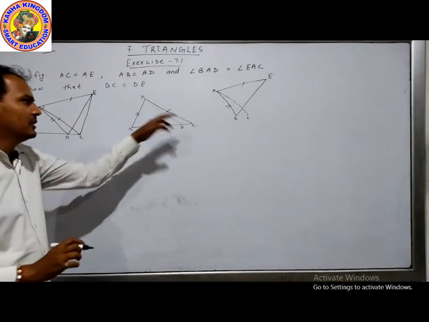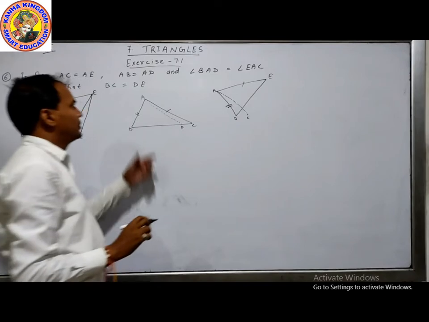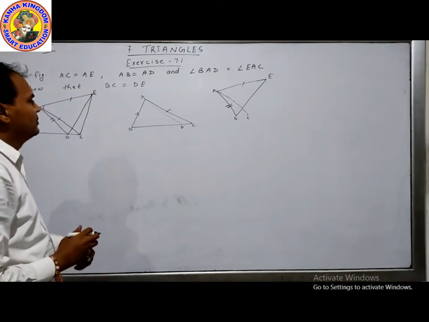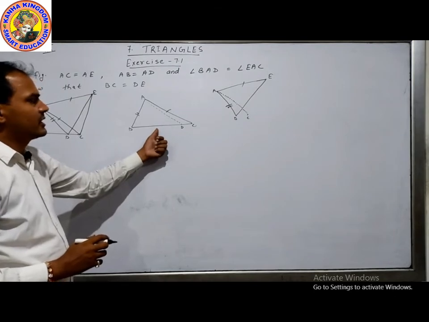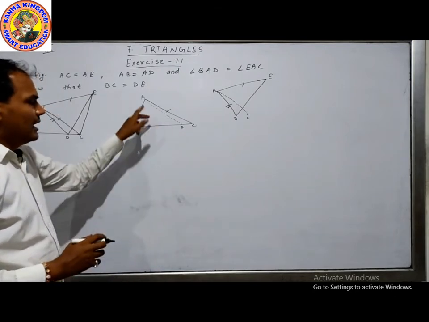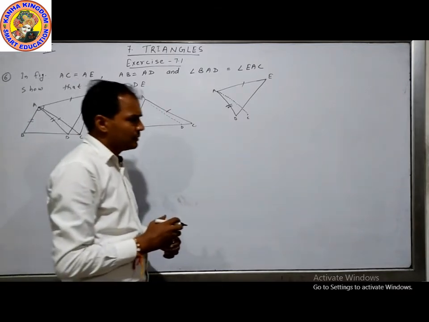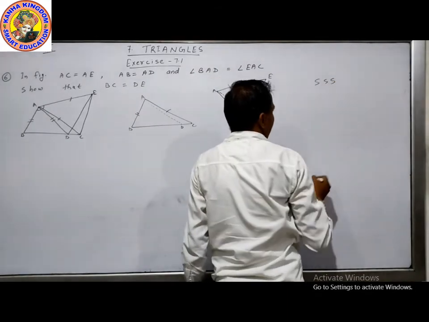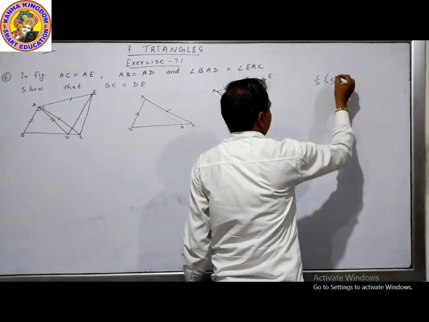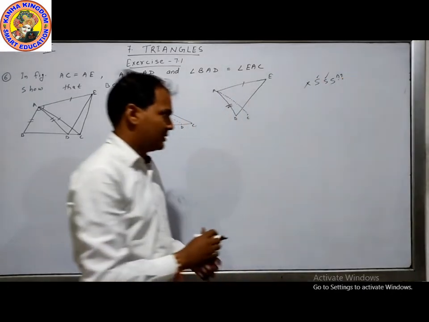These sides are equal. Given that two sides are equal, the remaining third side, BC and DE, has to be proved equal. If three sides are equal, then the two triangles are congruent. In the triple S congruency rule, two sides are given and the third side has to be proved, so we cannot use this.